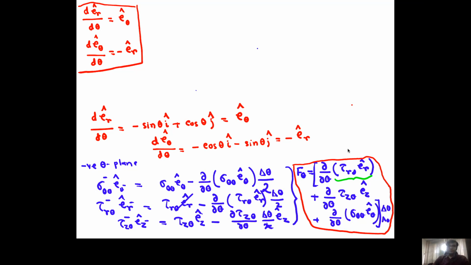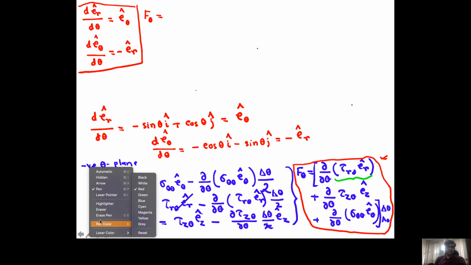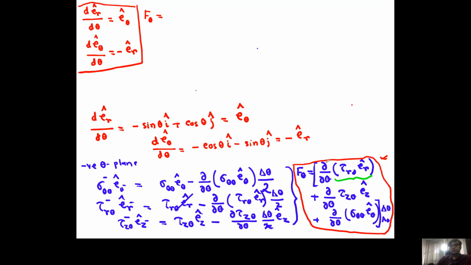So now let us go back to this one. So what do we have? Let us say F theta is equal to, let me change the color so that it doesn't match. I want to use magenta. So let me open this bracket.